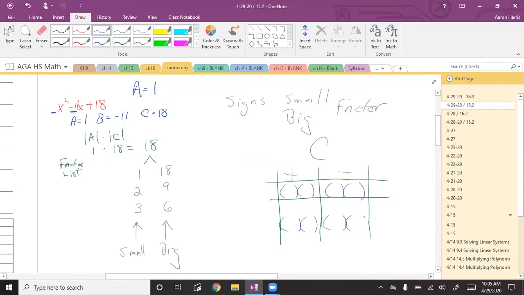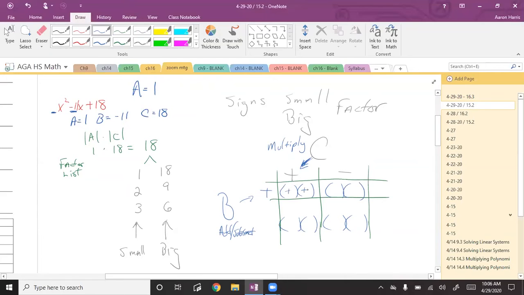So I get this. Now, if B is positive, now think about it. If C is positive and B is positive, I can only multiply, remember, this is the multiply side, and this is the add or subtract side, okay? If I multiply 2 numbers together, how can I make it positive? Well, I can have a plus and a plus.